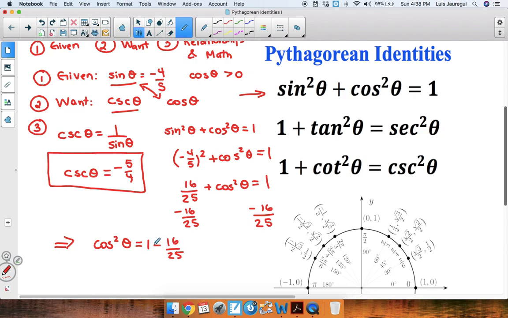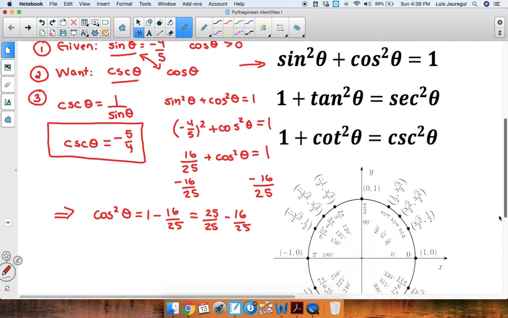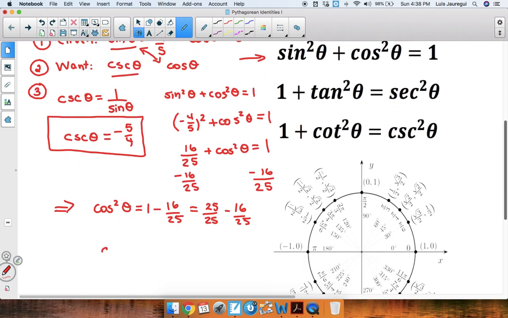Now, rewriting the 1 as 25/25 so we can have the same denominator, we get the following expression on the right hand side of the equation: 25/25 minus 16/25. Doing the math, we get that cosine square of theta is equal to 25/25 minus 16/25, which is equal to 9/25.